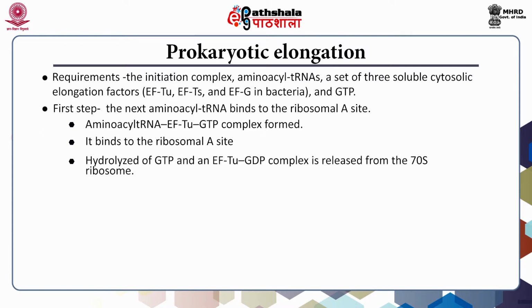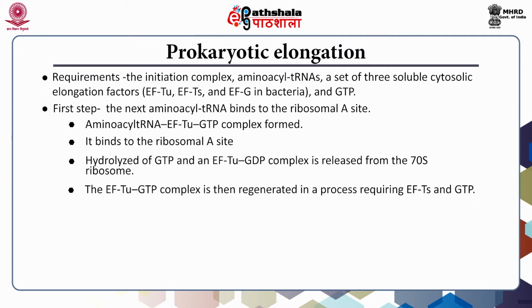Hydrolysis of GTP takes place and the elongation factor Tu-GDP complex is released from the 70S ribosome. The elongation factor Tu-GTP complex is regenerated in a process requiring elongation factor Ts and GTP.